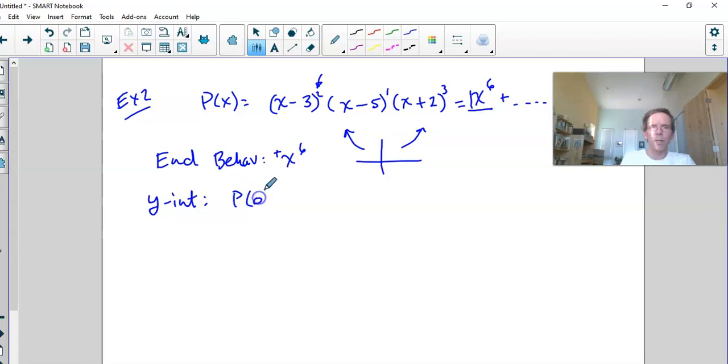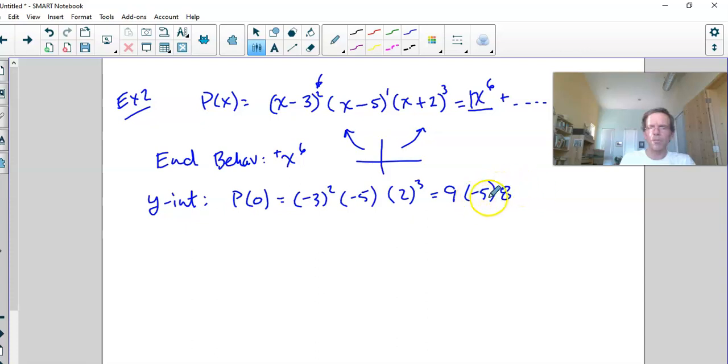Again, that's where x equals 0, and we have to put in 0. If we put in 0 for x everywhere, we're going to get -3 squared times -5 times 2 cubed. What is that? -3 squared is 9, times -5, and then 2 cubed is 8.